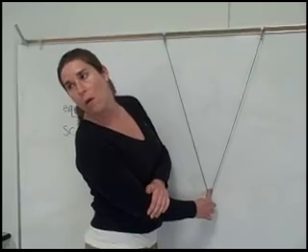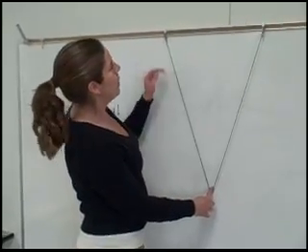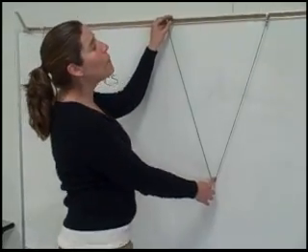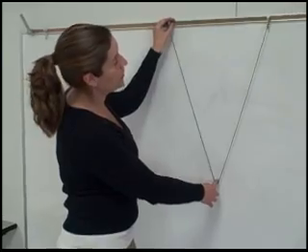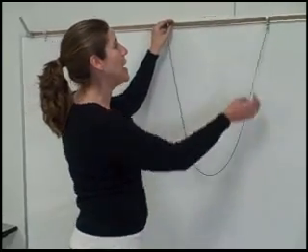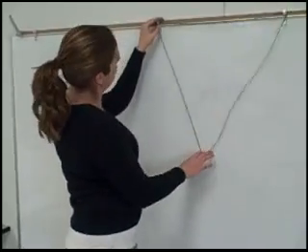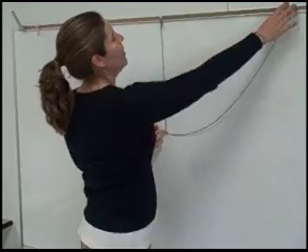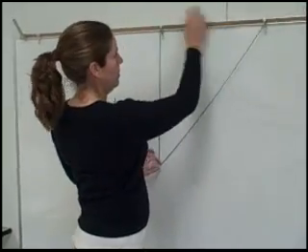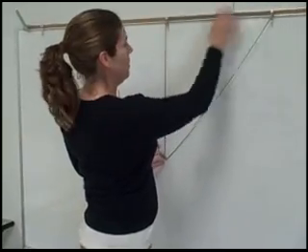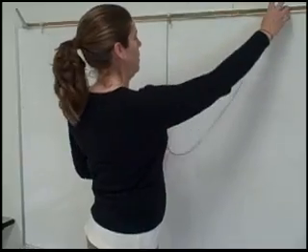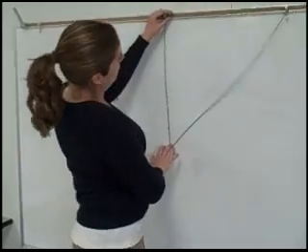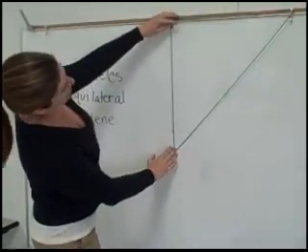Could you make a right isosceles? So two of my sides would have to be the same length, but I would need a right angle. So if I had a right angle here. Okay.